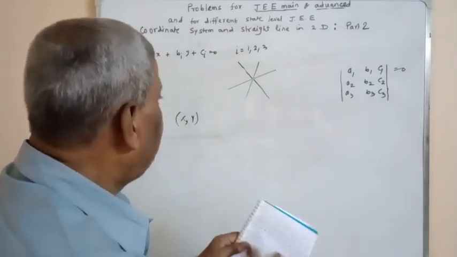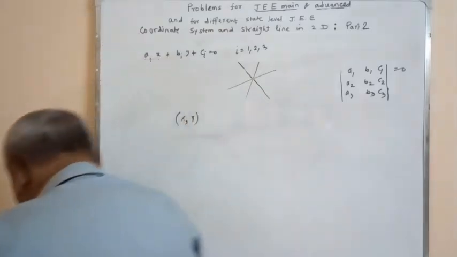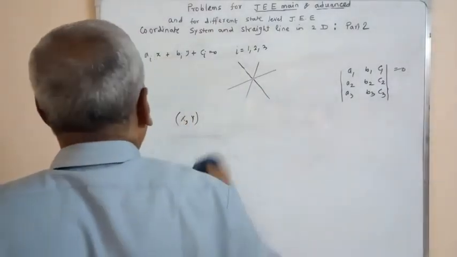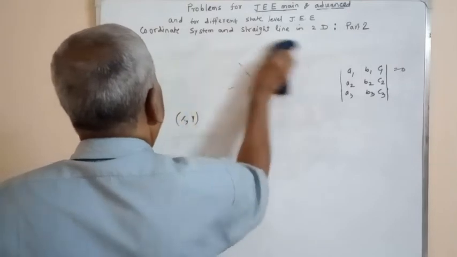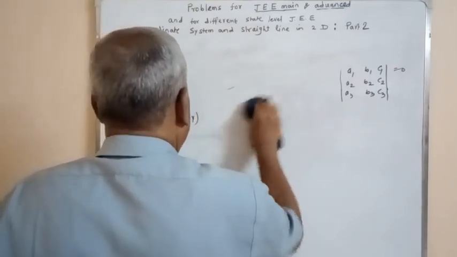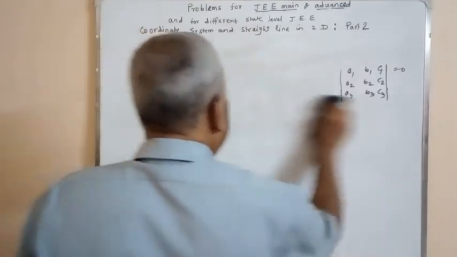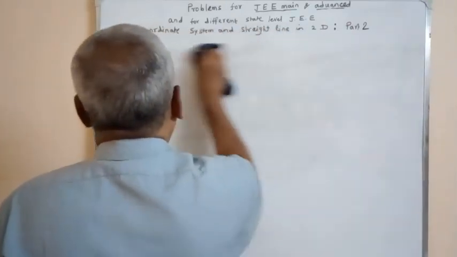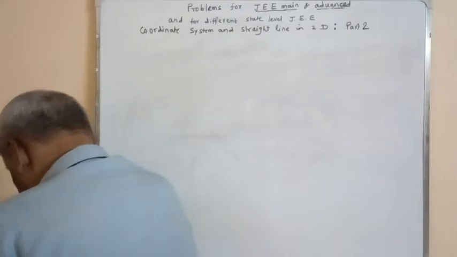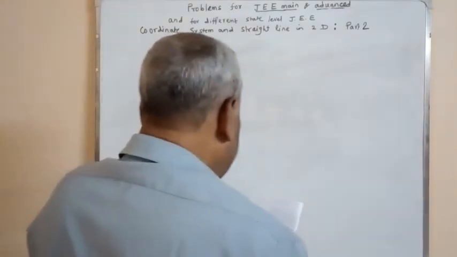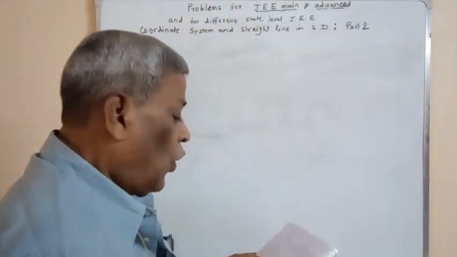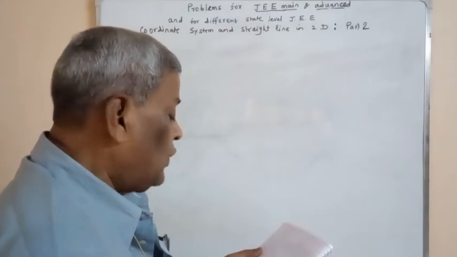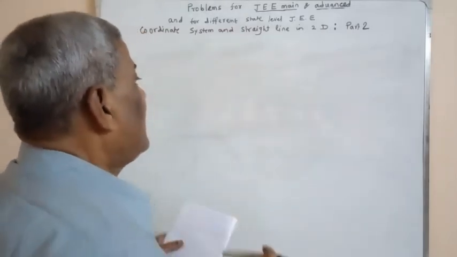Next, the equation of bisectors of angles between two given straight lines.